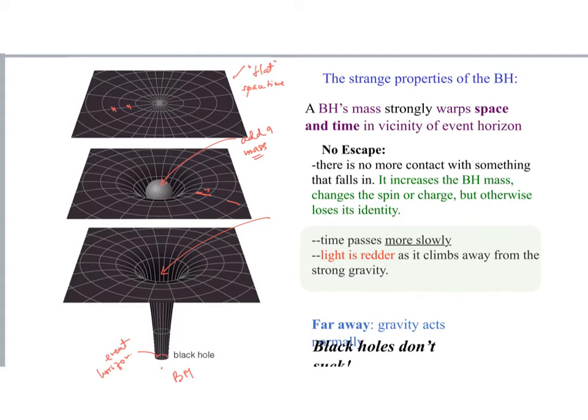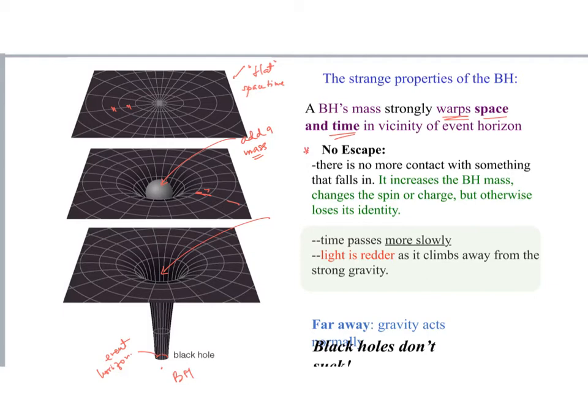The curvature of space-time becomes greater and greater as we approach a black hole. And the black hole itself is a bottomless pit in space-time. So, a black hole's mass strongly warps space and time in the vicinity of the event horizon.